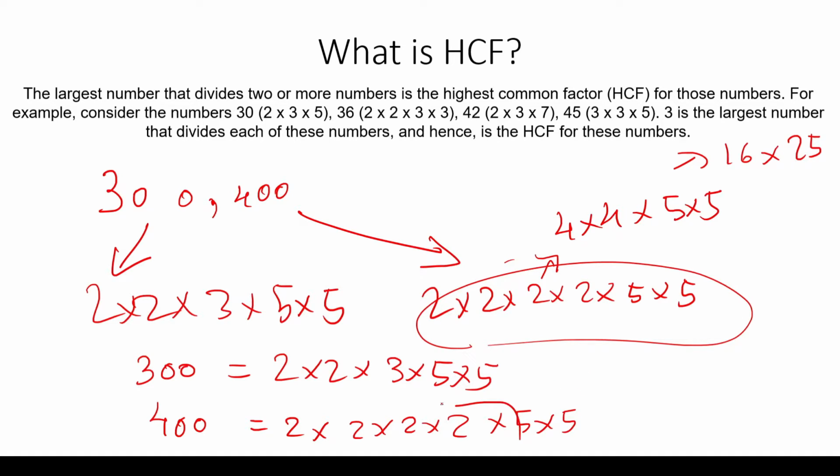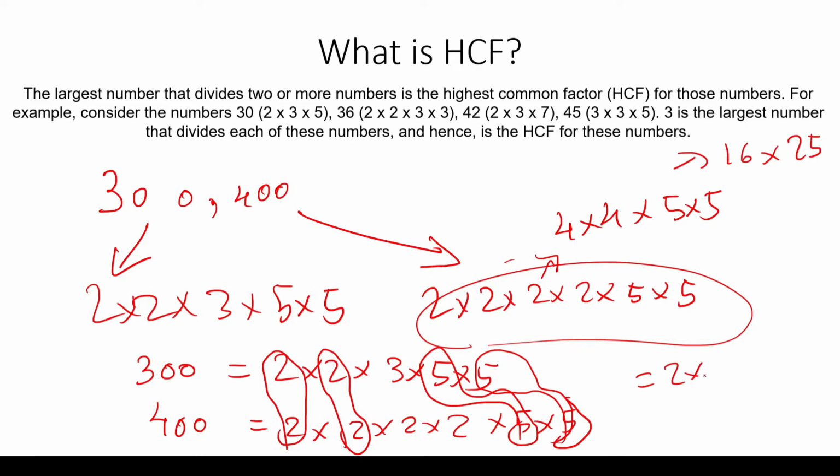So we see 2 and 5 are both common in these numbers, 2 times each. So the HCF will be 2 into 2 into 5 into 5, which means 4 into 25, which is 100.